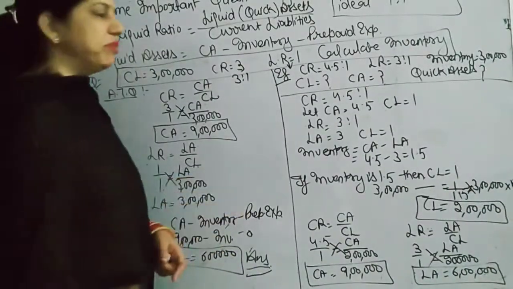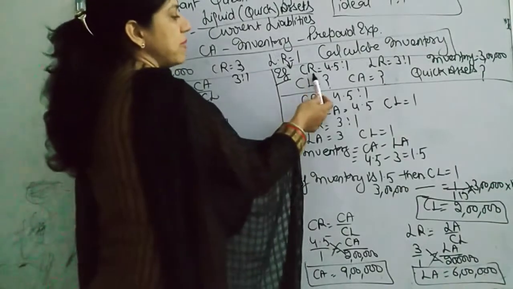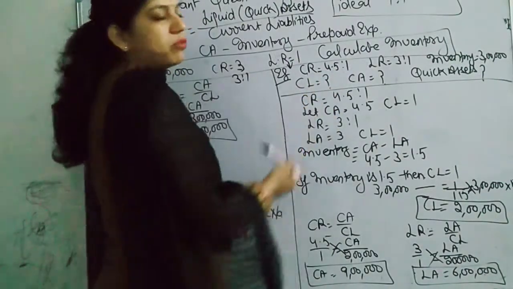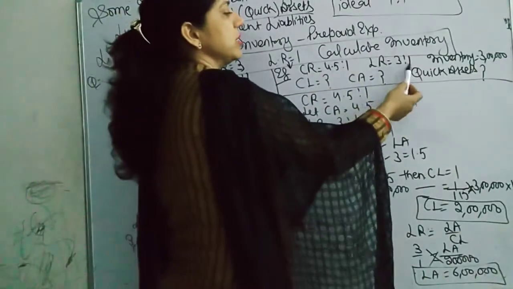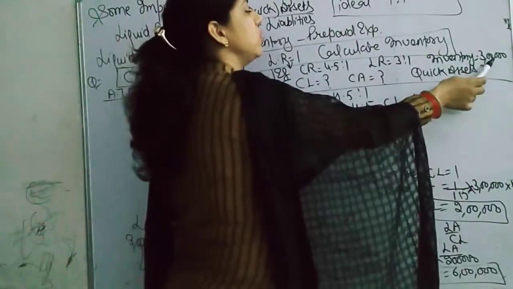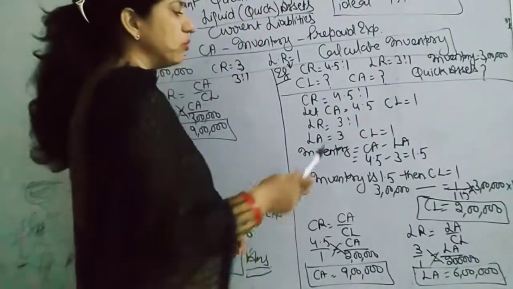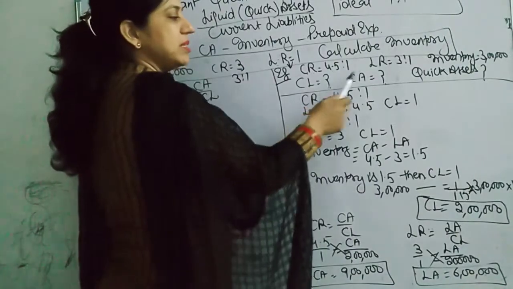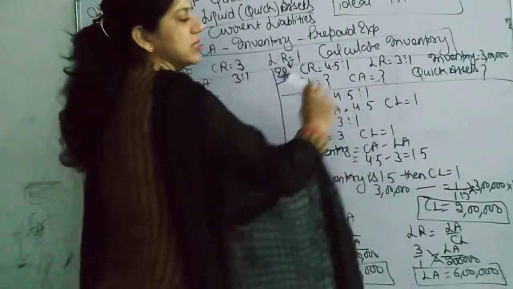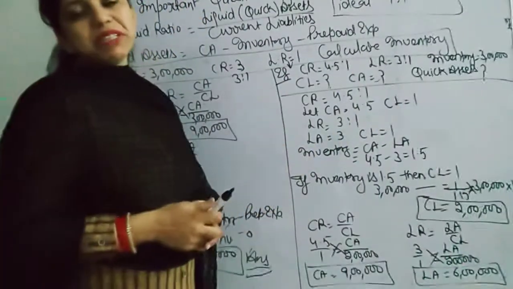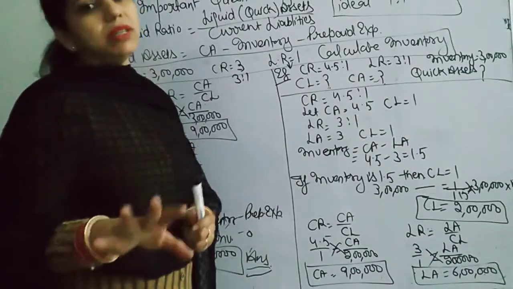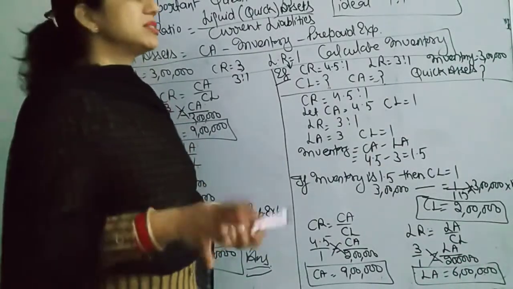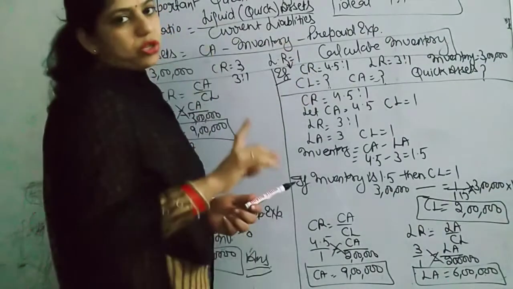One more example we have. For example, current ratio is 4.5 is to 1 and liquid ratio is 3 is to 1. Inventory given in the question is 3 lakh. You have to calculate current liabilities, current assets and quick assets. So how will we start? There is no need to think, just start from the ratio given in the question.